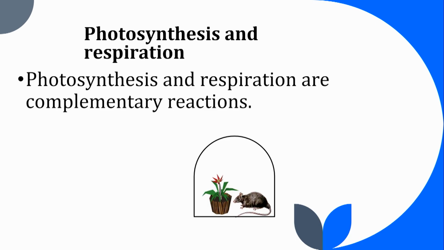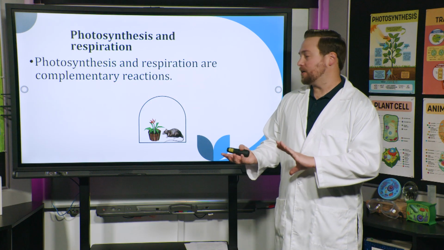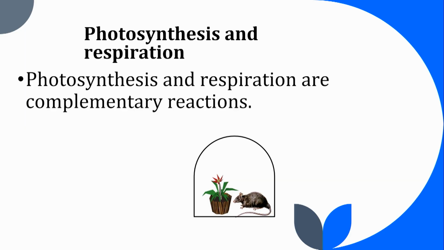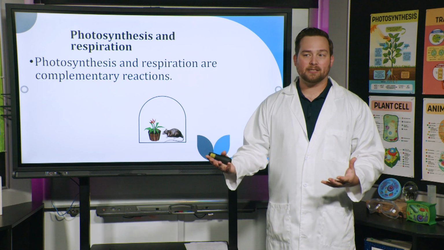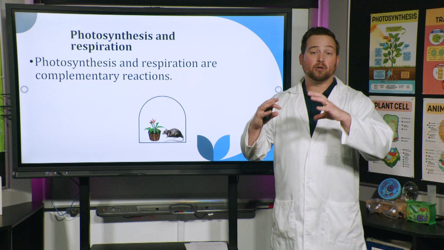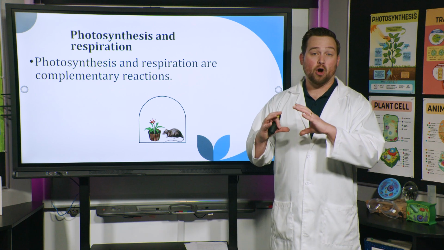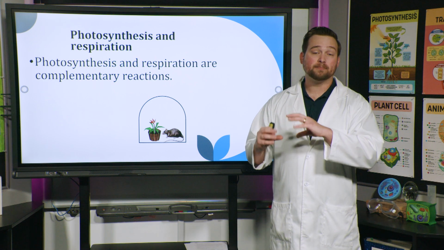Let's talk about that in terms of photosynthesis and cellular respiration. Photosynthesis and cellular respiration are complementary reactions. In this picture, you can make a closed system. Imagine a sealed bottle with some animals and some plants in it.